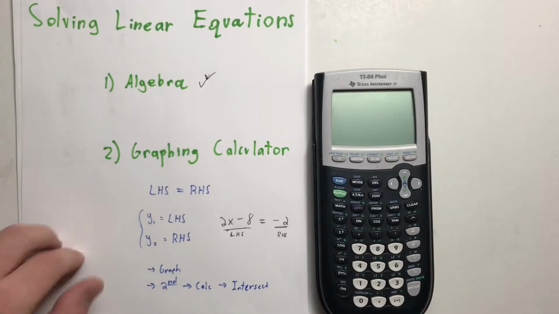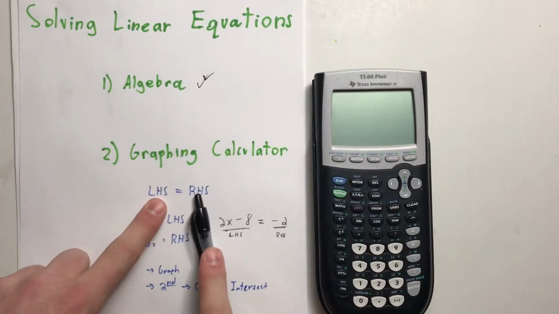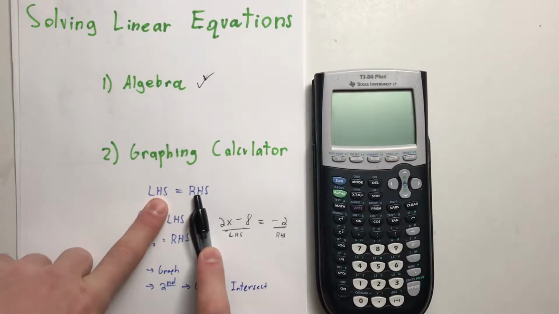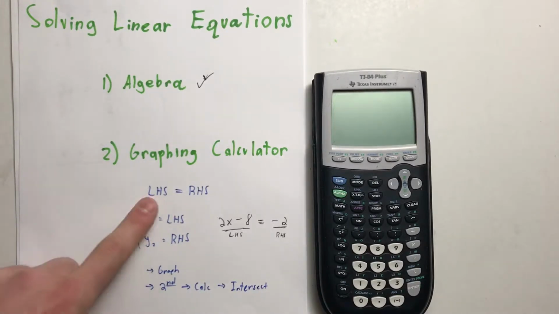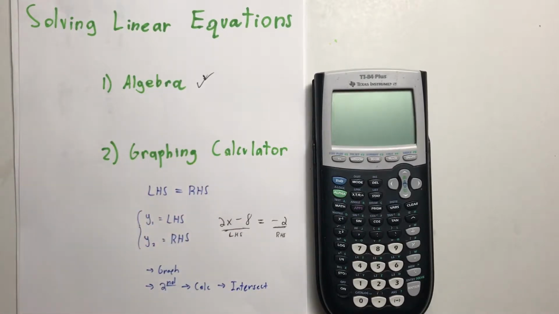So pretty much when you have any algebraic equation, it has a left-hand side and a right-hand side. And when you're solving an algebraic equation, you're finding what values of x make my left-hand side equal my right-hand side. For example, the first equation that we did in the last video was 2x minus 8 equals negative 2.